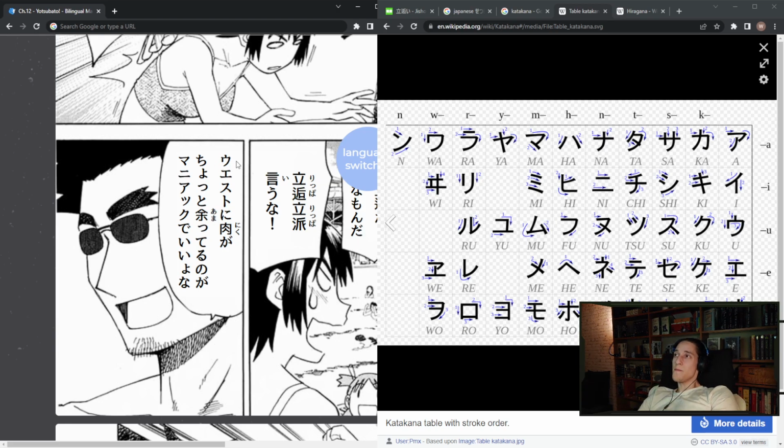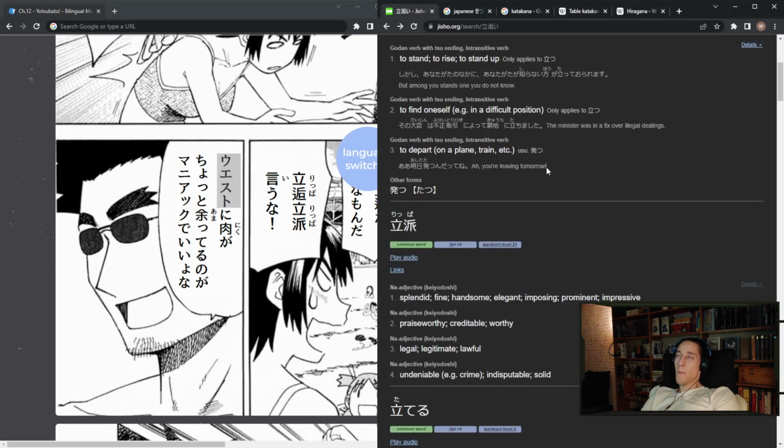So uesuto should be like stomach or waist. Let's see.